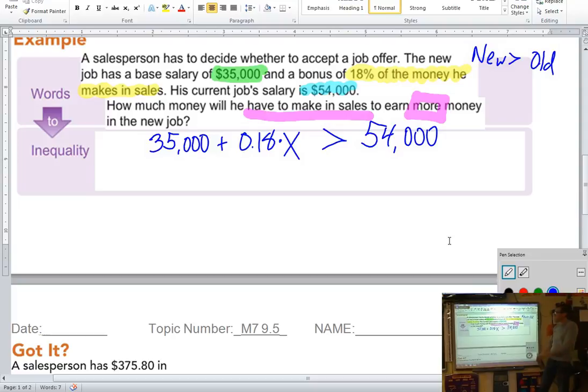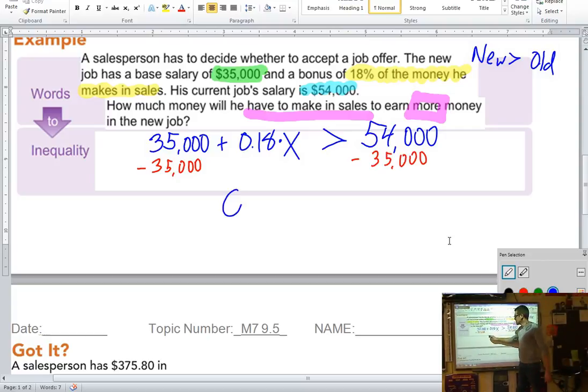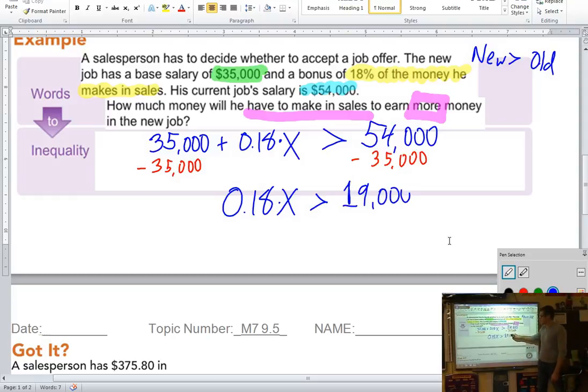Julian, what is the first thing that I want to do here? Subtract the 35,000. Yeah, get rid of that 35,000 and figure out what does he need to make in commission. So our 18% of X is greater than 19,000.